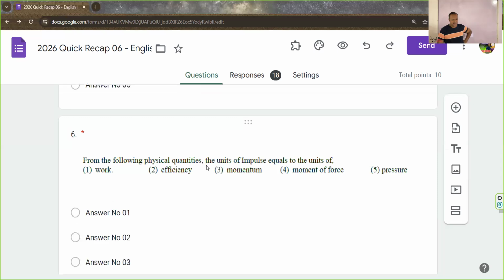Then sixth one. What is the answer for the sixth one? From the following physical quantities, the unit of impulse is equal to momentum. Very good, momentum.